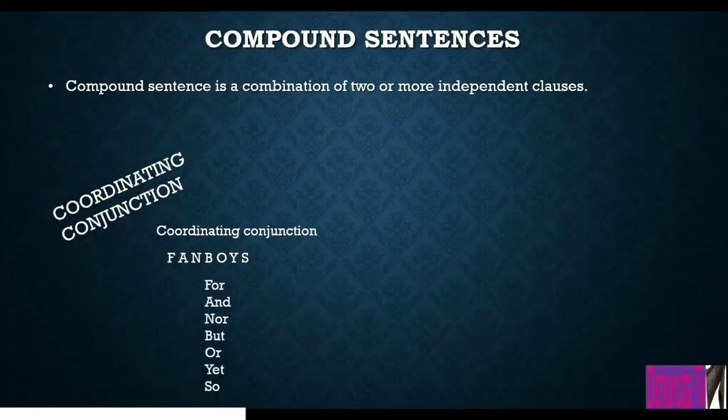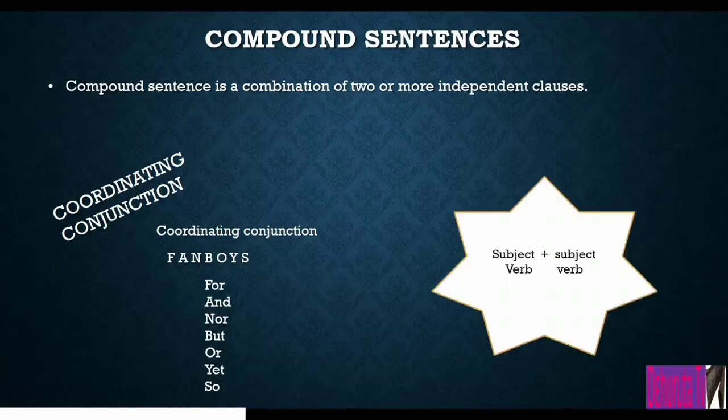That is for, and, nor, but, or, yet, so. These are the coordinating conjunctions. So we use these coordinating conjunctions to bring two independent clauses together. An example is here: subject verb plus subject verb.